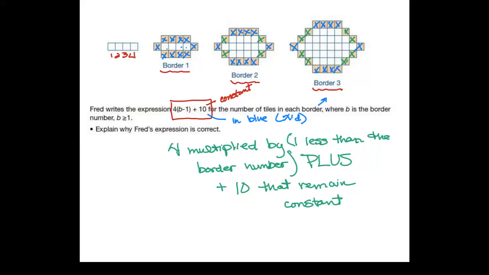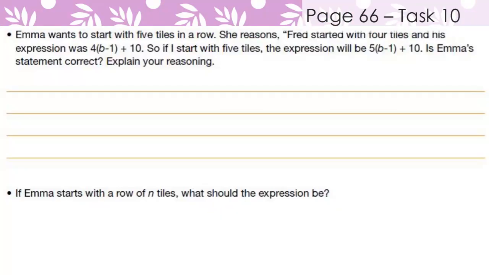4 multiplied by basically 1 less than the border number gives you the new ones that are being added each time separate from those constant ones. So now Emma wants to start with 5 tiles. She's going to have 5 tiles in the middle instead of 4.